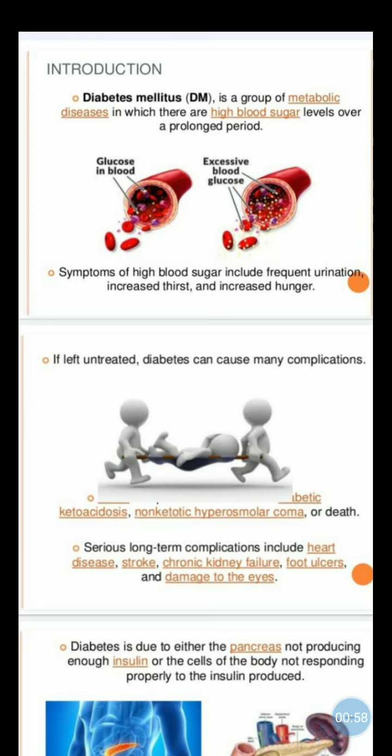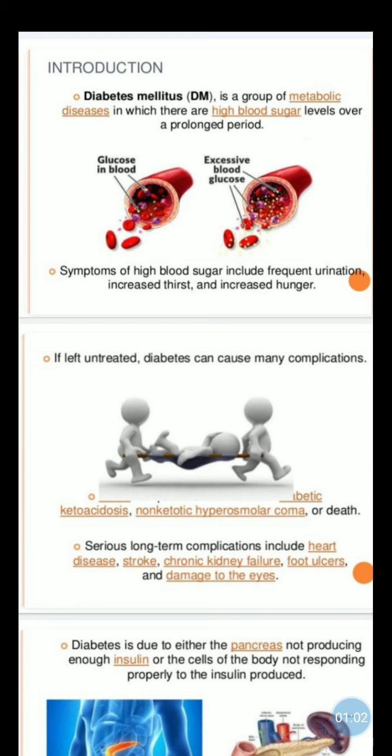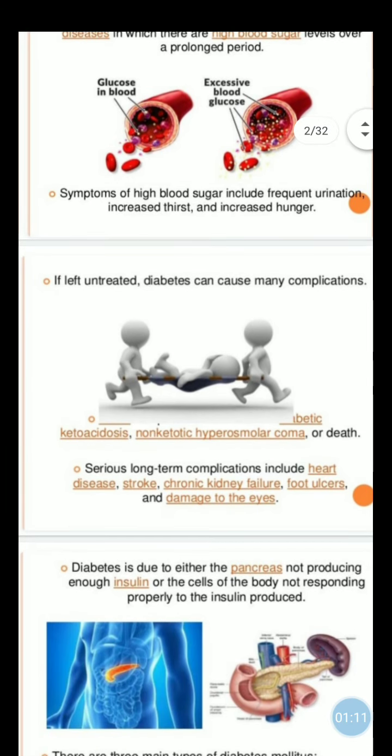The symptoms of high blood sugar include frequent urination, then increased thirst and increased hunger.